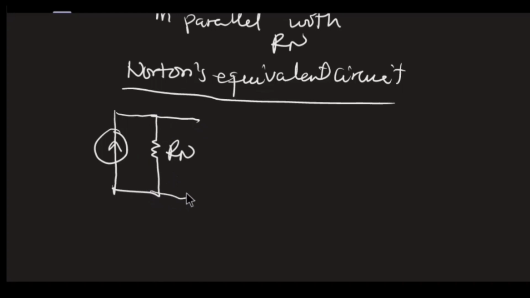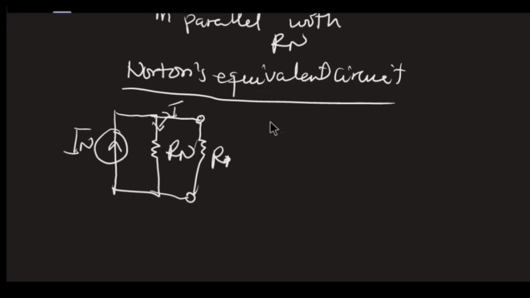These two terminals are for the linear circuit which has been replaced, and within this circuit you place the resistor you want to find the current through. Here is our current source IN, and IN upon reaching here will split. So this is Norton's equivalent circuit.